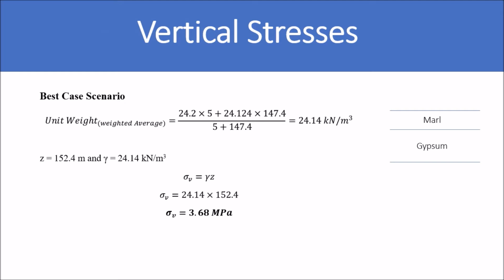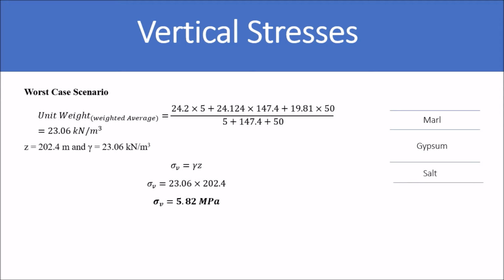For the best case scenario we have the overburden of two rocks, gypsum and marl. First we calculated the unit weight using the weighted average formula, and vertical stress is calculated as 3.68 megapascal. For the worst case scenario we have the overburden of three rocks, gypsum, marl and rock salt, and vertical stress is calculated as 5.82 megapascal.